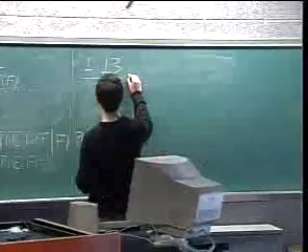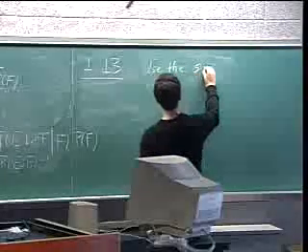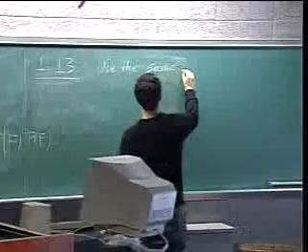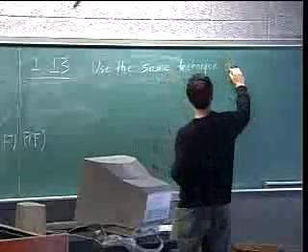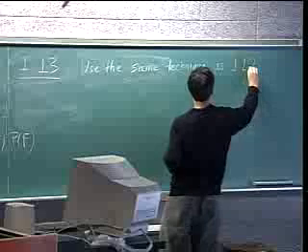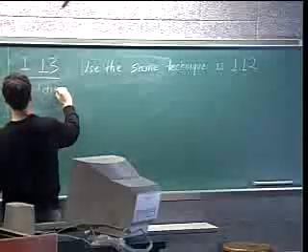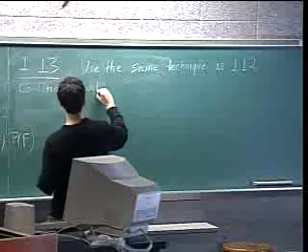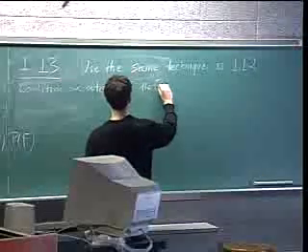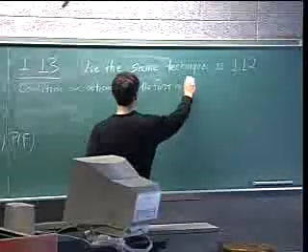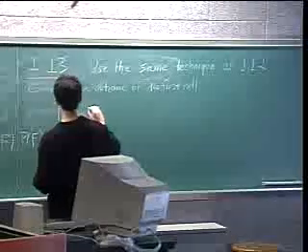So we use the same technique. Namely, we condition on the outcome of the first roll. And we can very simply write now the probability that we win.